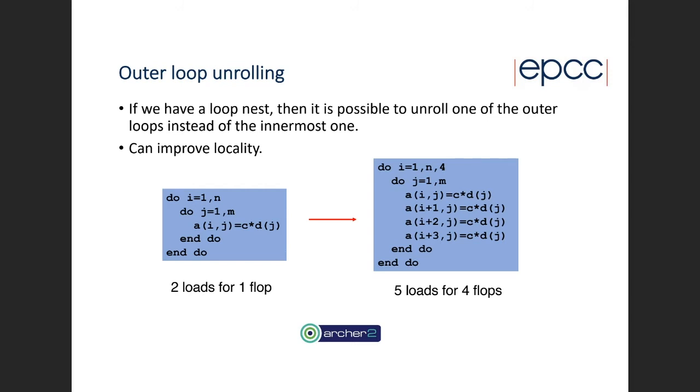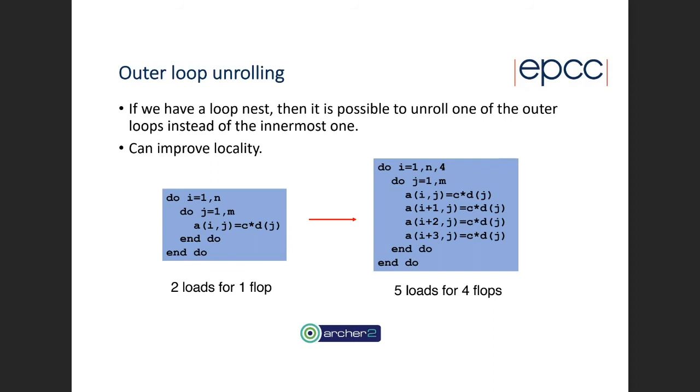There's a slight extension to this trick if we have loop nests, because then we have a choice. If we have, say, a doubly nested loop like the one on the left here, then it's possible to choose to unroll the outer loop instead of the inner one.